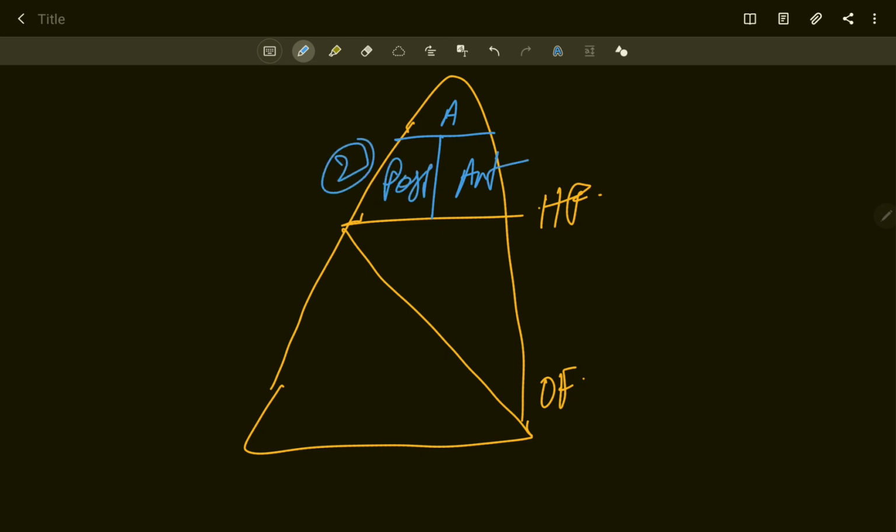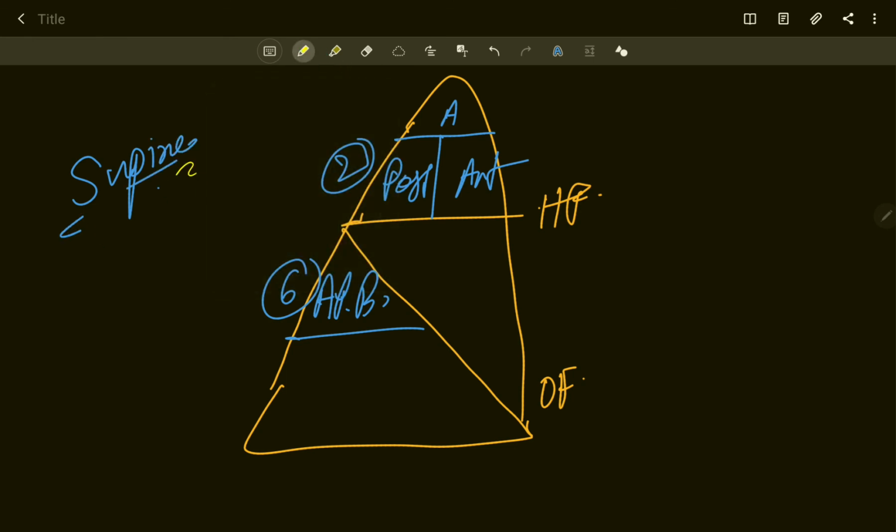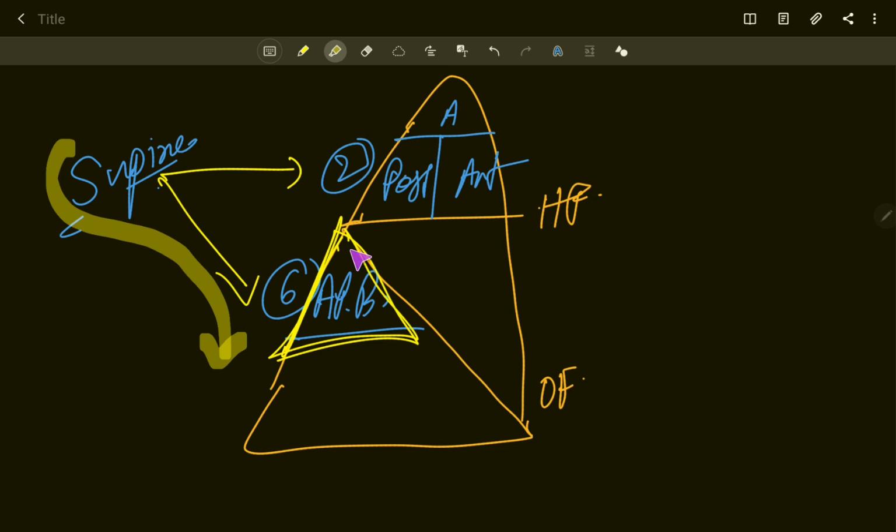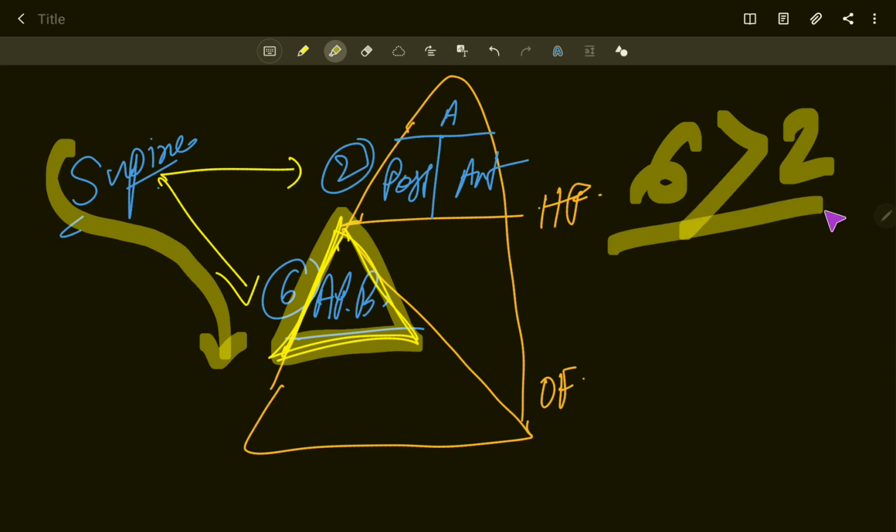Posterior is number 2, and this is the apical basal, number 6. In supine posture, these two segments are most dependent for aspiration pneumonia. But why is the apical basal preferred here? Because it is towards the base, and due to gravity food or liquid particles easily move towards these segments. So that's why 6 is greater than 2 in supine posture.